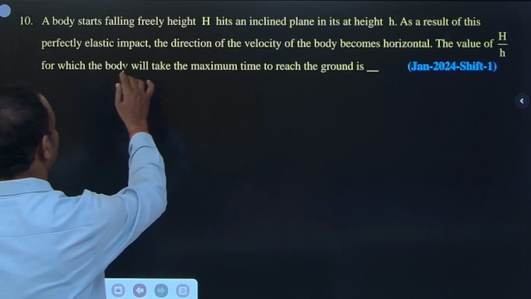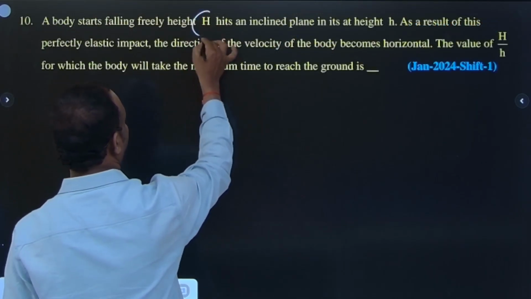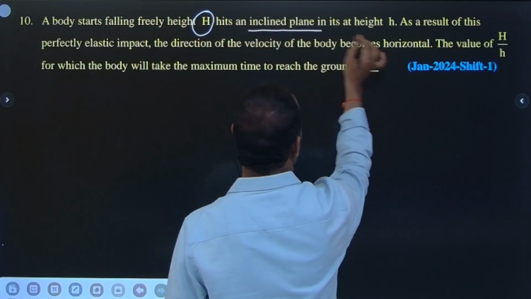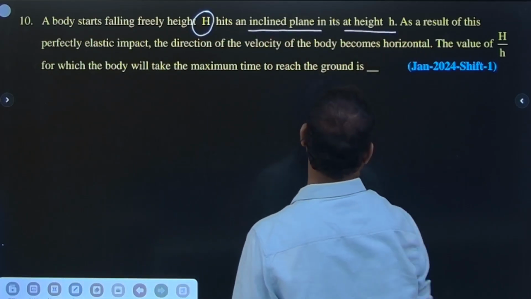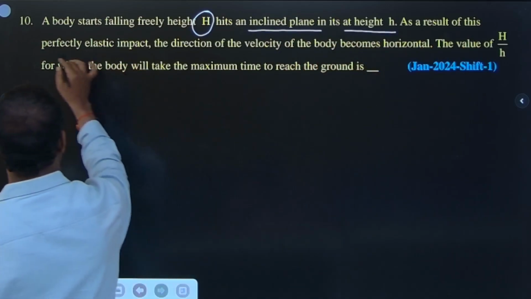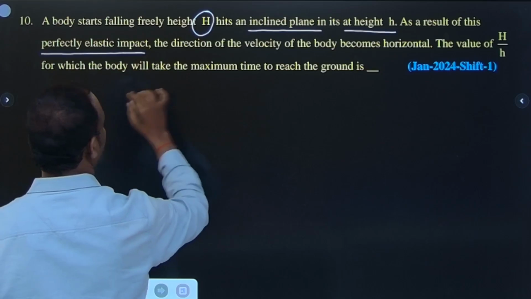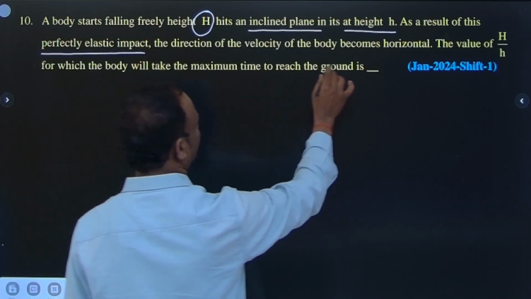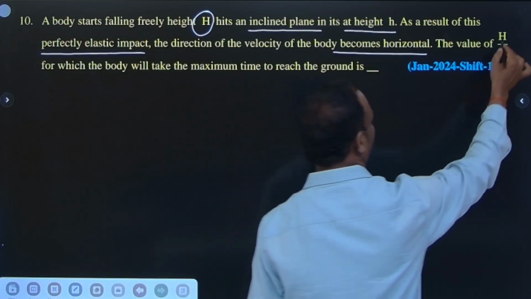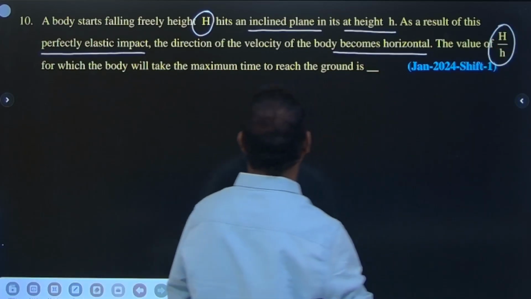The body starts falling freely from a height H and hits an inclined plane at a height h. As a result of this perfectly elastic impact, the direction of velocity of the body becomes horizontal. He's asking what is capital H by small h.